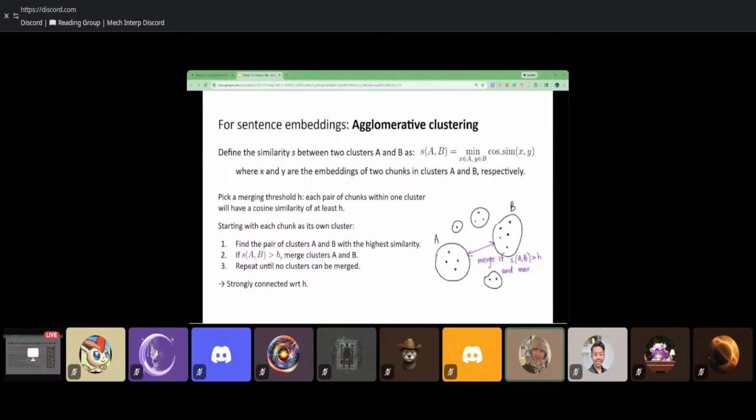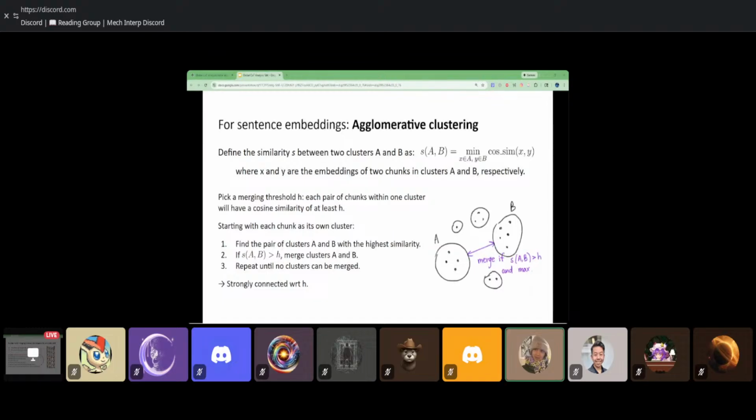If that is above a fixed threshold H, then you merge your two clusters, and you're back where you started with a bunch of clusters. You repeat this procedure until no clusters can be merged, so until for any pair you look at, their worst similarity is below your threshold.